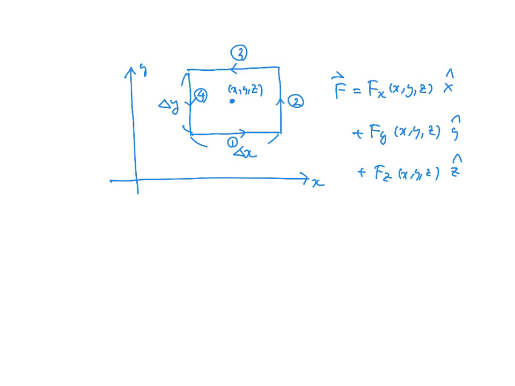We are interested in the following integral, f dot dr, around A, B, C, D, where we calculate this line integral from A to B to C to D and back to A, right?